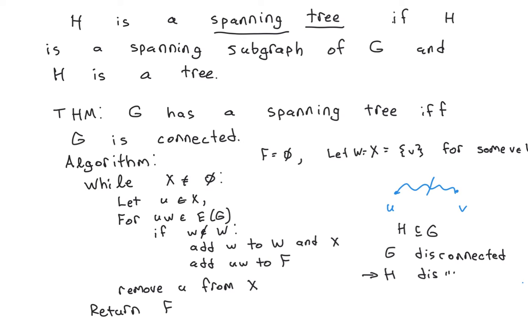As long as there are vertices in X, we keep doing this process. And then at the very end, we have explored every vertex in the graph, so we return the edge set F.